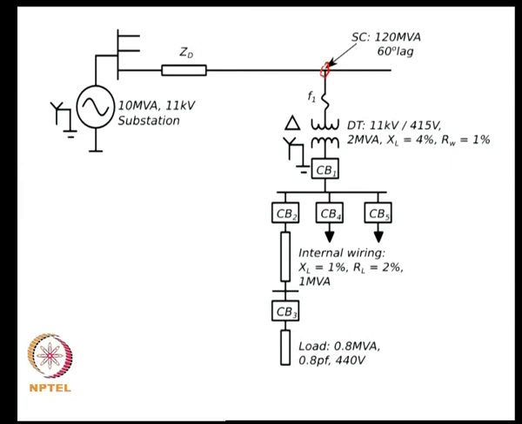Okay. For example, if you look at a house, the point of common coupling for the house into your street or for your transportation coming in and going out is your gate. Okay. So, in distribution systems you can have different points of common coupling depending on where the responsibility of the utility ends and where your responsibility starts.